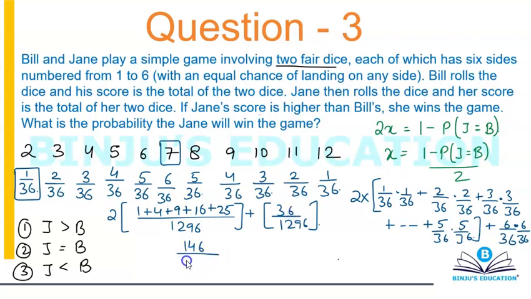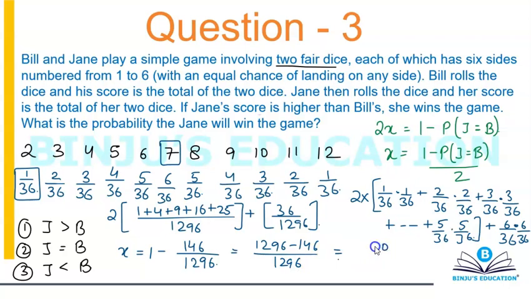So the probability that they will score the same points, or the sum is same, is equal to 146 by 1296. Now in order to calculate x, I need to subtract this from 1. So this becomes 1296 minus 146 by 1296.